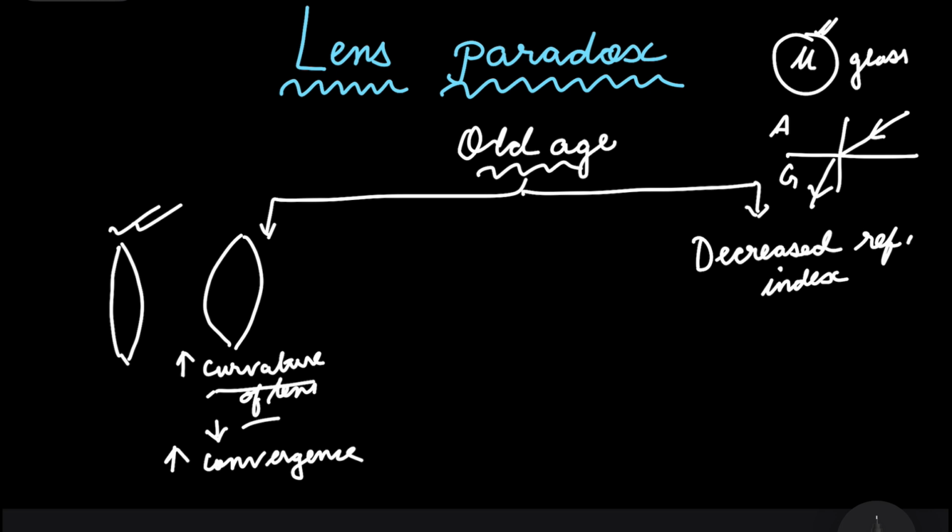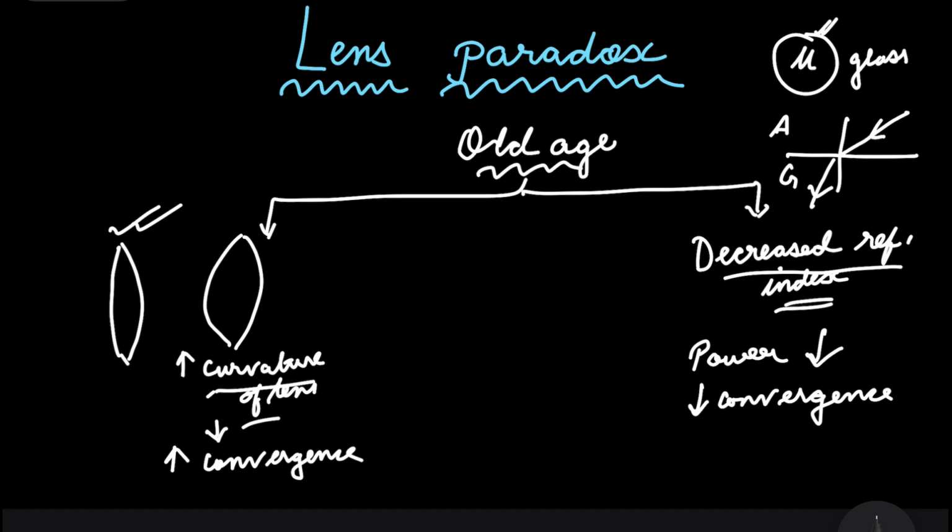This is all pure physics, so we are not going into that. So basically what I'm trying to say here is that if the refractive index of something is decreasing, that means the power of that material is decreasing. So that means there is decreased convergence.